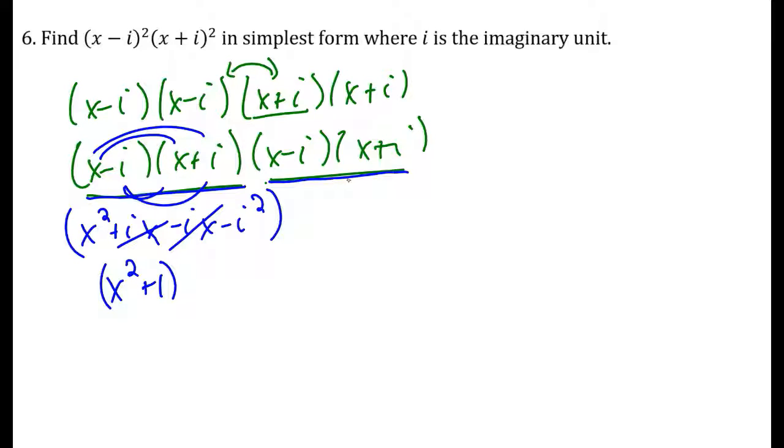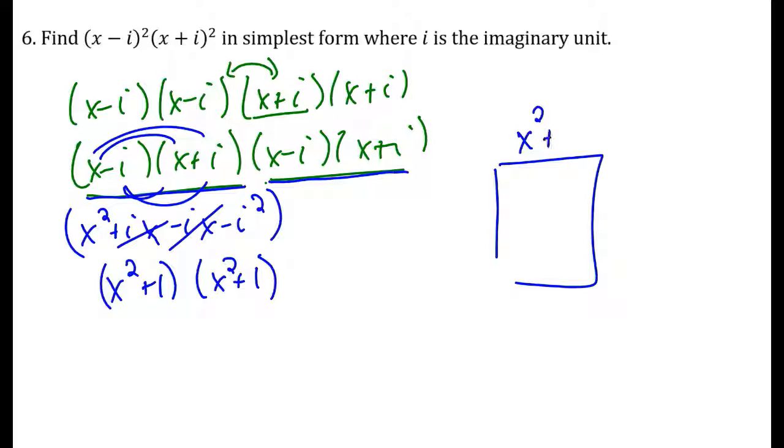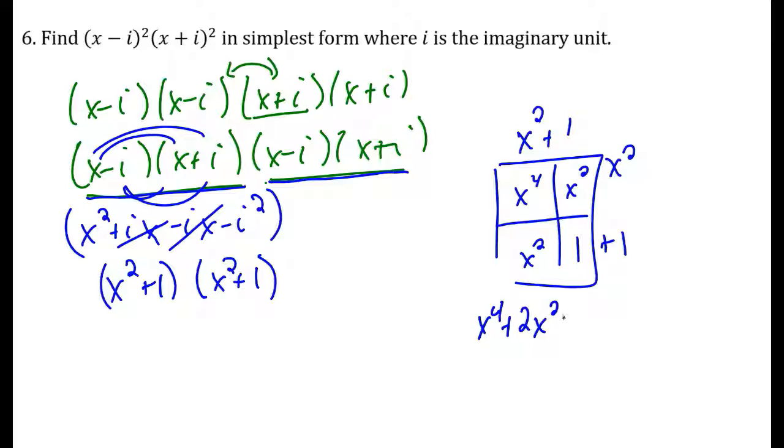This quantity is the same thing. That's x squared plus 1. And now I just need to do (x² + 1) times (x² + 1). I'll use a table here for you tabular people. x to the 4th, x squared, x squared, and 1. So I have x to the 4th plus 2x squared plus 1. That's the final answer.